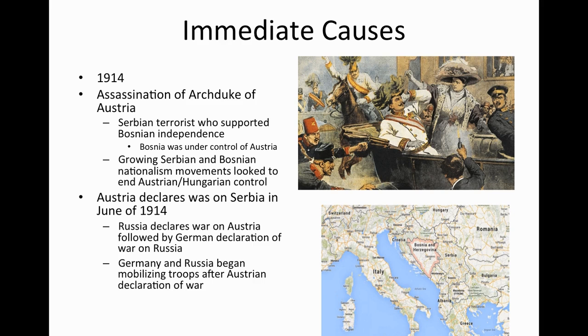So it's almost as though they were not looking for a fight, but they were really preparing. And then once the Austrians attacked the Serbians, that's when Russia made their declaration. So this is more of an immediate cause.